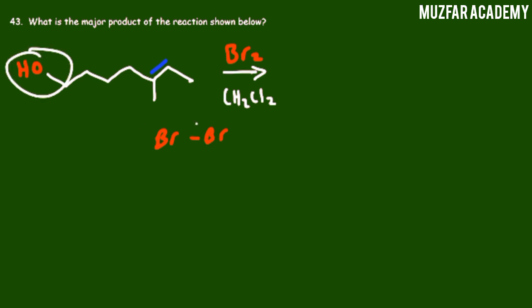This oxygen could react with bromine, but since we haven't seen that reaction in this type of content in organic chemistry, we're not going to touch that. But we do know that bromine will react with the alkene.